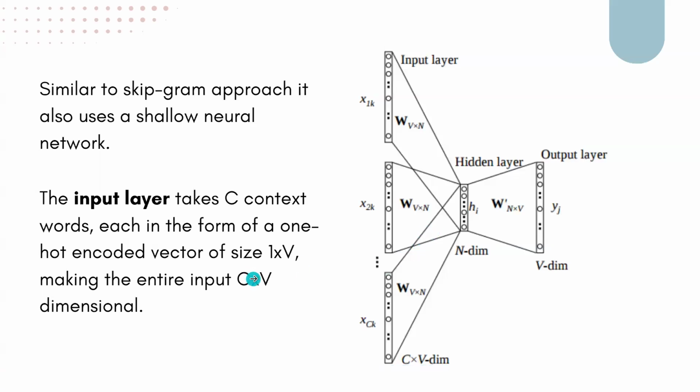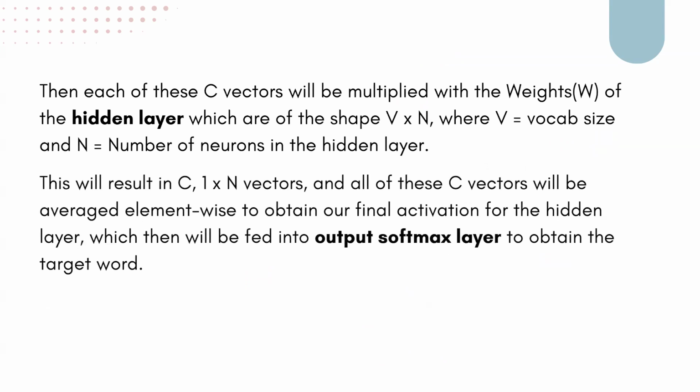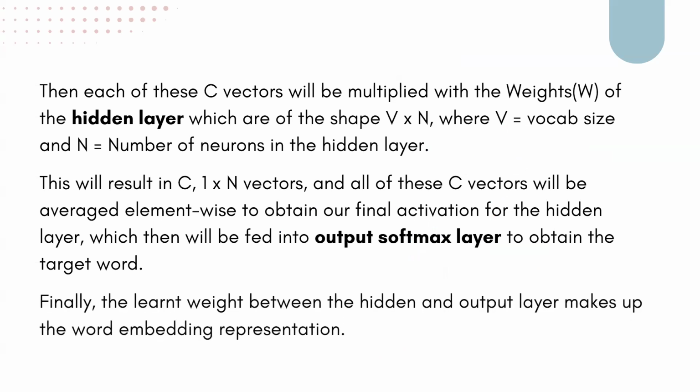A C cross N matrix is nothing but C vectors of 1 cross N dimension. And then we average out each of the entries element wise to get the output layer final activation. And we use the softmax function here also to get the output score for the target word.